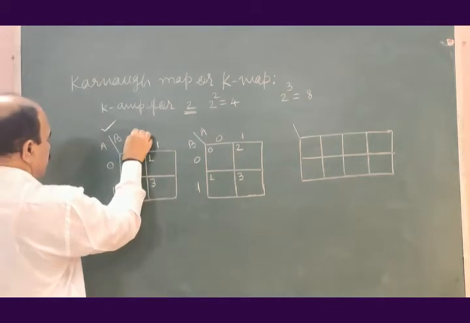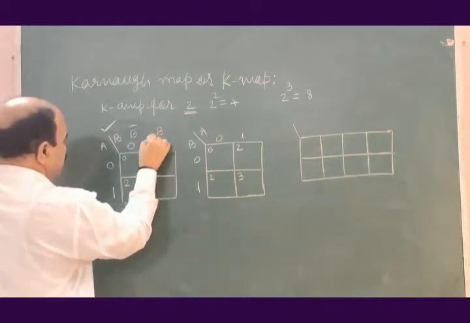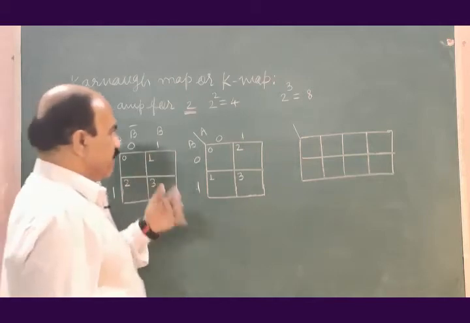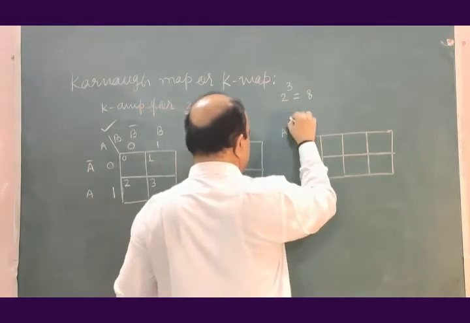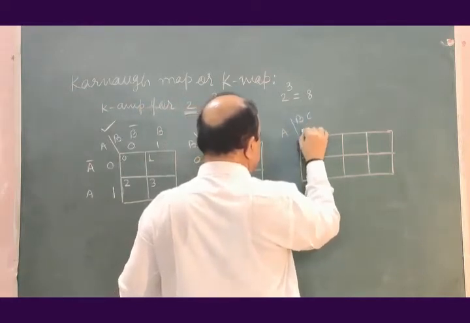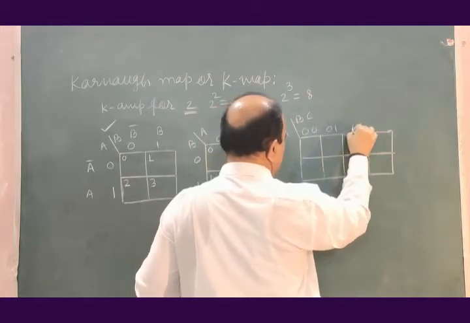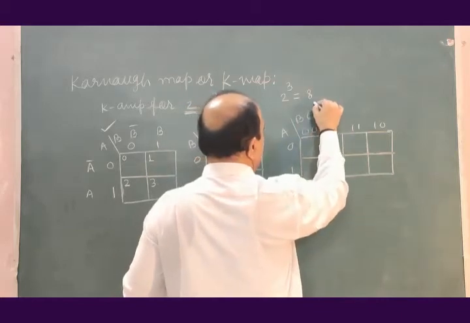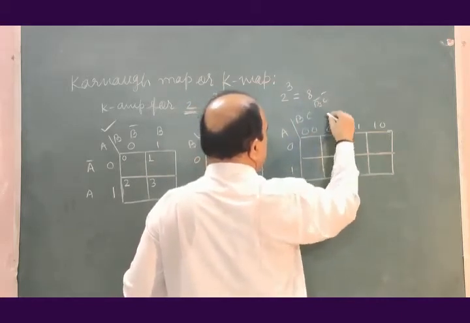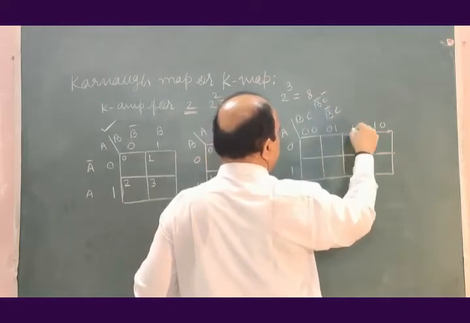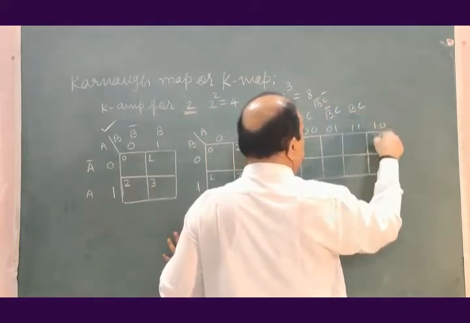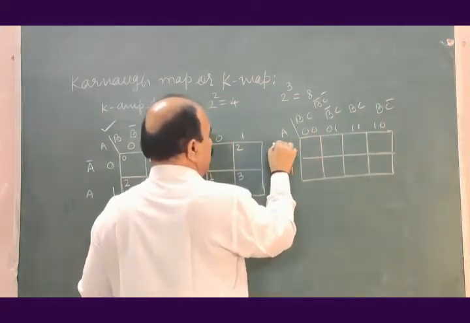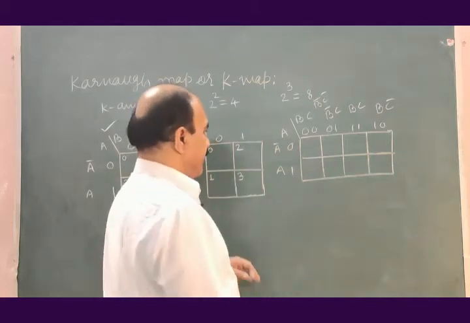Meaning of this is B bar, meaning of this is B, this is A bar, this is A. Here A, B, C, 0 0, 0 1, 1 1, 1 0, 0, 1. This corresponds to B bar C bar, this to B bar C, this to BC, this to B C bar, this to A bar, and this to A.